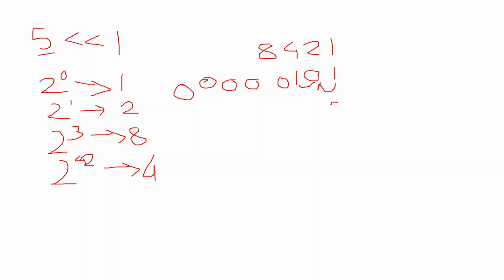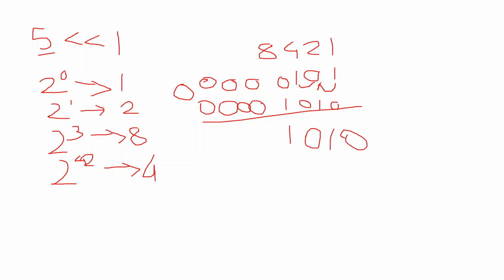So how will it be? Here it will be 0, this 1 is shifted here, this 0 will shift here, this 1 will shift here, so rest all will be 0 only, no impact, right? Now finally what will we get? We will get 1 0 1 0 after the left shift operator.